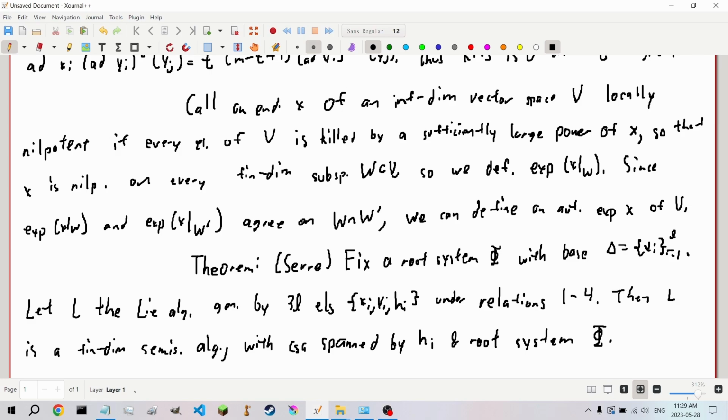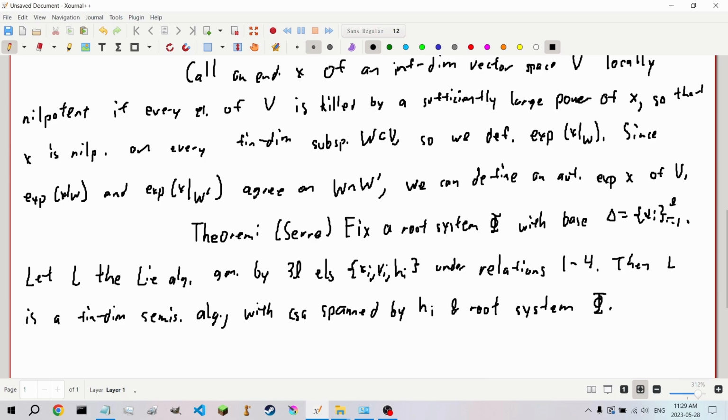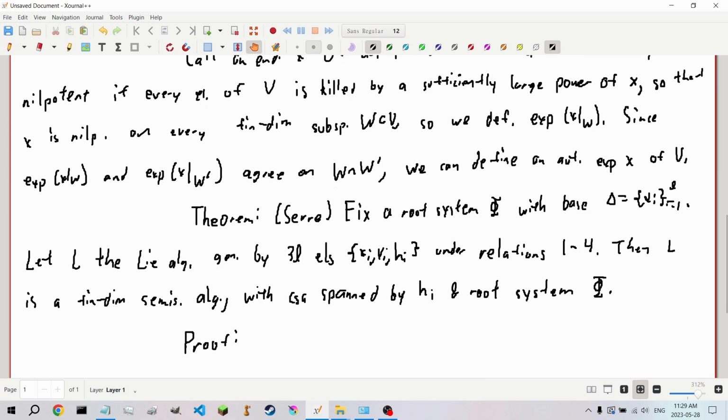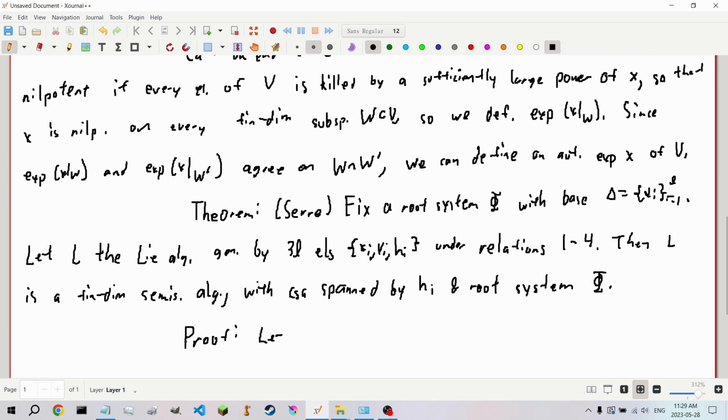So, proof. We're going to start out with some definitions. We're going to have L0 as before. We're going to let L be L0 over K. We already defined L. L is our L0 over K, with K the ideal generated by all xij and yij.